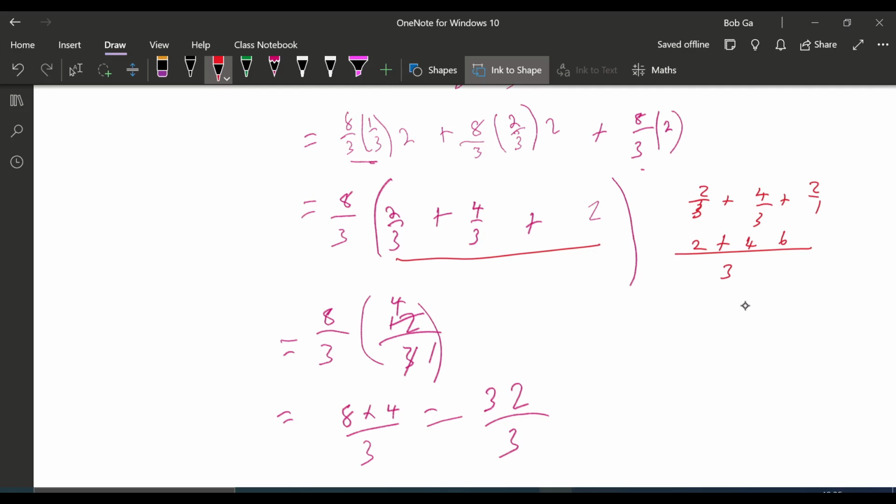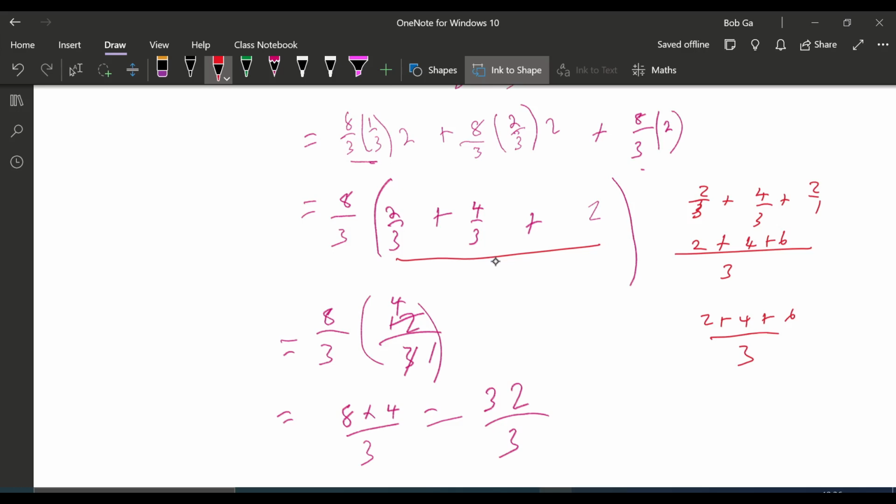So we've united all the fractions now. Then we have 2 plus 4 plus 6, all over 3. So that's what we have in here now.